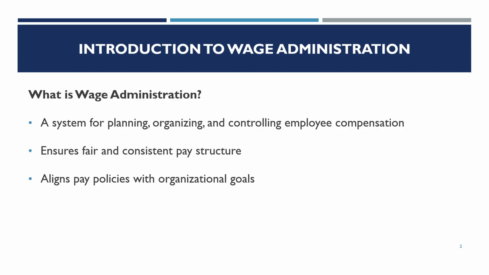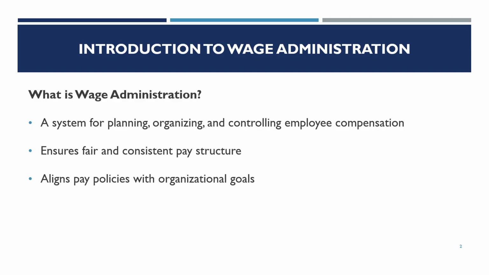What is wage administration? Wage administration is not just about calculating the paychecks. It's a comprehensive system that ensures the employees are paid fairly, consistently, and legally. It encompasses the policies behind pay structure, how wages are determined, how they are managed and revised.